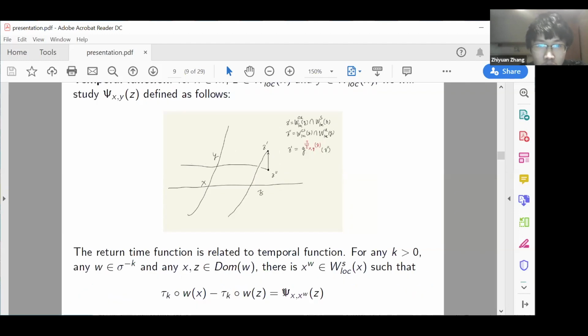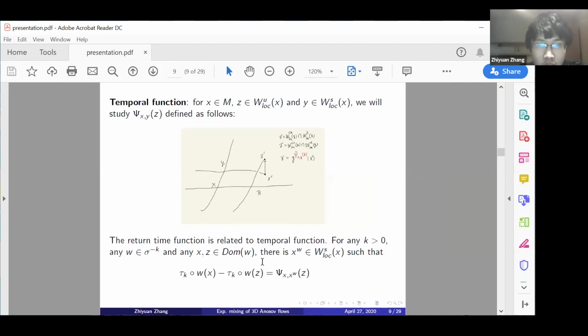This temporal function, we study it because it's closely related to the return time function. You consider the inverse branch and the partial sum of the return time function starting from this inverse branch, and the difference between the two takes the form of a temporal function.